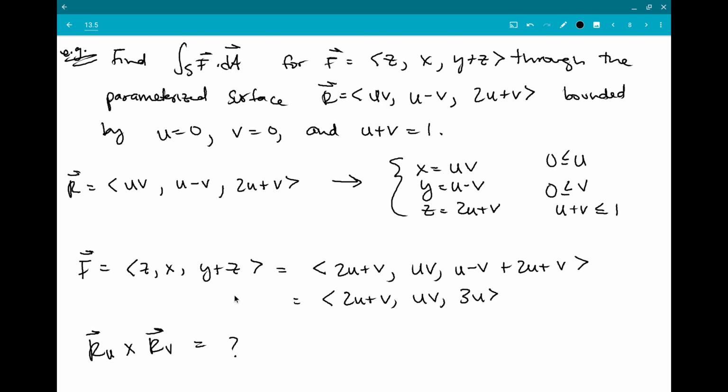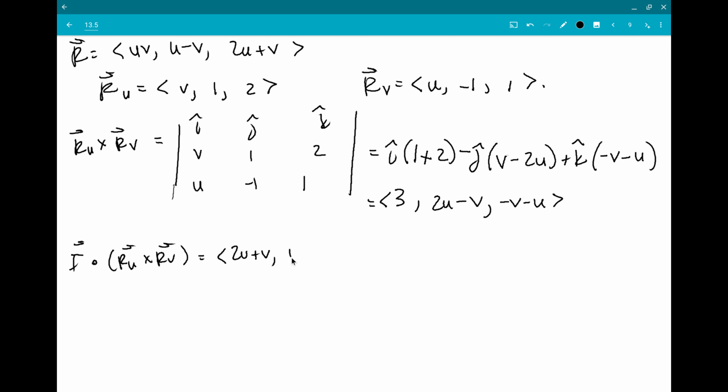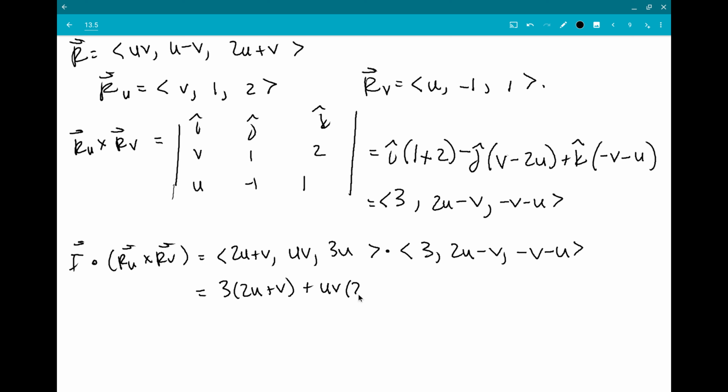So I'll go ahead and compute that dot product. My f was (2u plus v, uv, 3u), and I'm dotting that with (3, 2u minus v, minus v minus u). So that's going to give me 3 times (2u plus v), plus uv times (2u minus v), plus 3u times (minus v minus u), which is a lot, but it's just like powers of u and v.